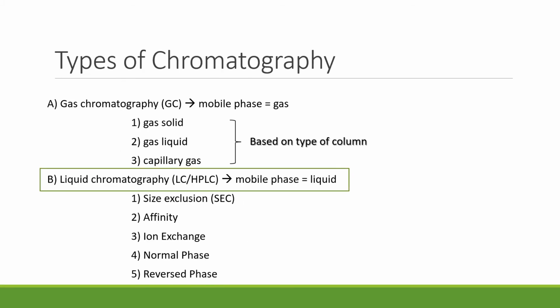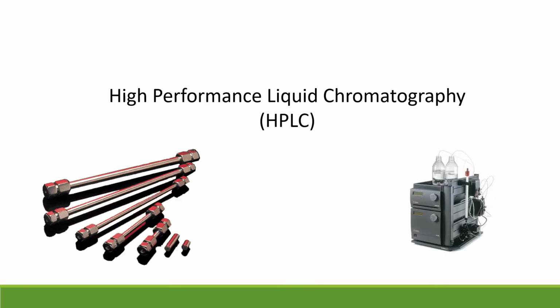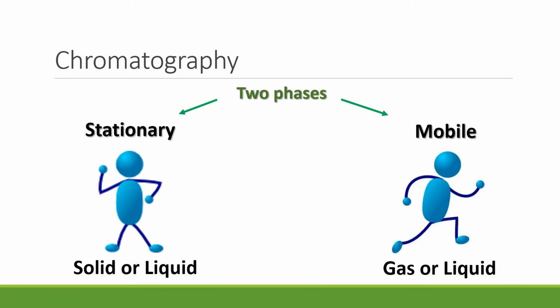All right, so next let's talk about liquid chromatography, or sometimes HPLC, high pressure liquid chromatography. There's several different types of this technique, and we'll talk about each one. So high performance or high pressure liquid chromatography is a very popular technique used to separate components and detect the individual components of a sample.